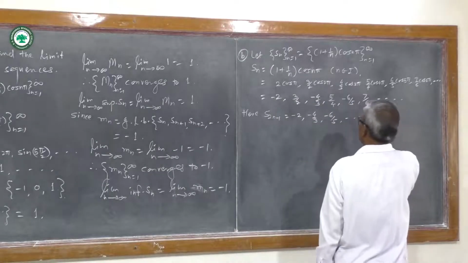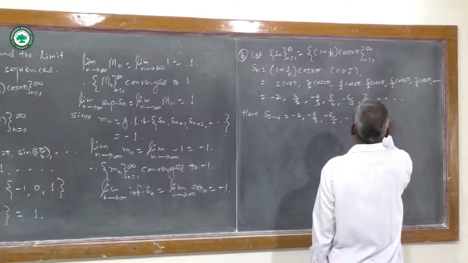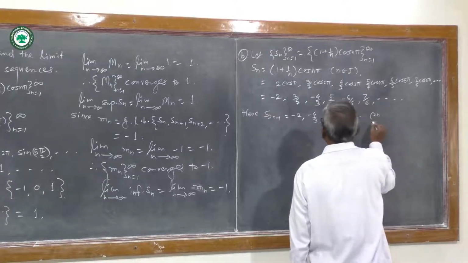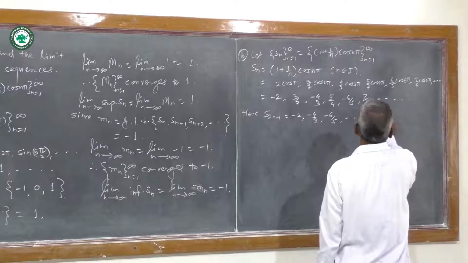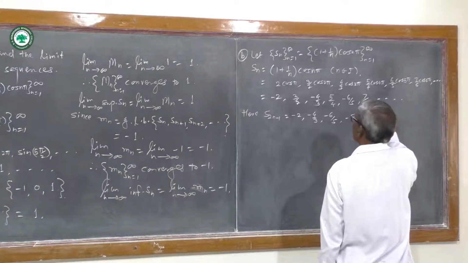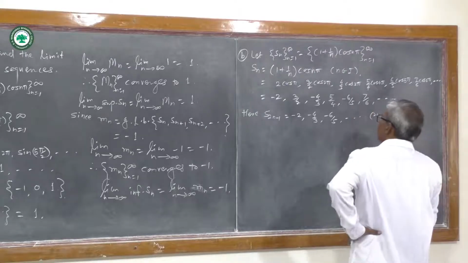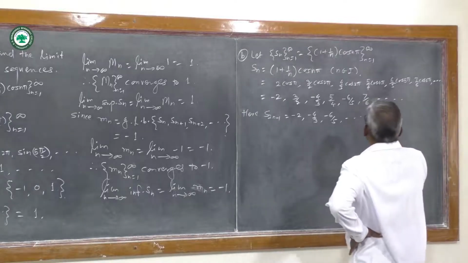In general, S suffix 2n minus 1 is minus 2n upon 2n minus 1.